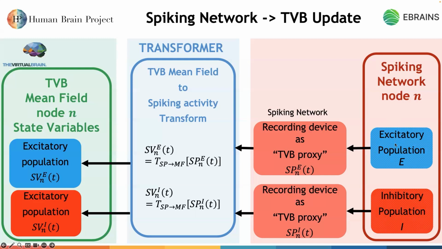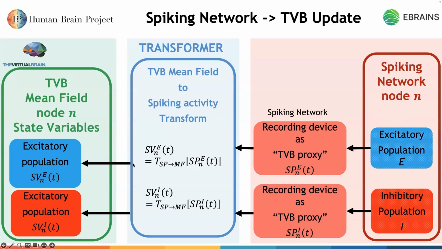So it is the excitatory activity that we need to record, transform into mean field activity, and use to update the TVB state variable. And similarly, we need another proxy to do the same for the inhibitory population. So in these cases, the TVB proxies are actually recording devices, and we need one for every region we have in the spiking network.